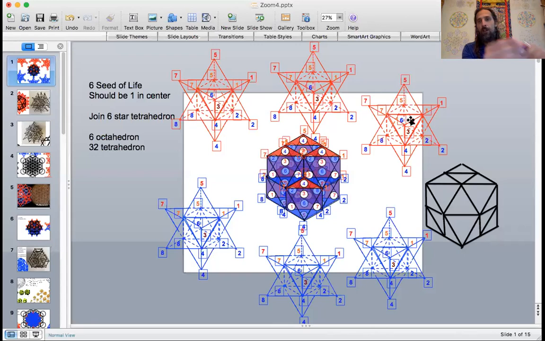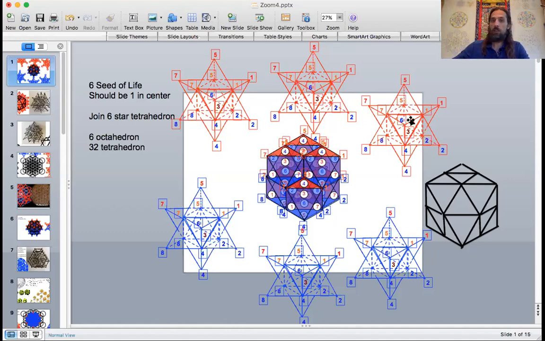If you put 8 of those around there, here's a mini star tetrahedron shape. Right now you're looking at it like that, a little star tetrahedron shape.